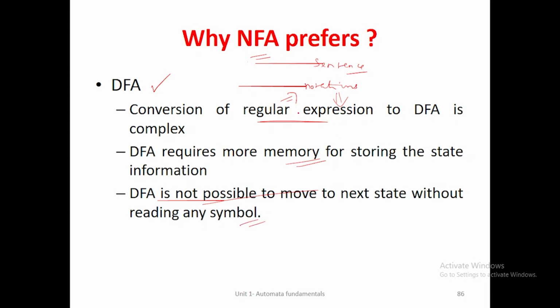So only NFA will be preferred more. Construction of an NFA is easy. If we need a DFA, we should go for a conversion of NFA to DFA. This conversion, the theorem, and the problems on NFA and DFA will be discussed in the next class. Thank you.